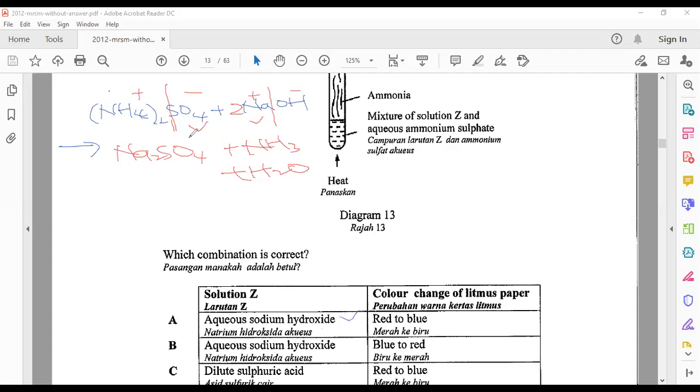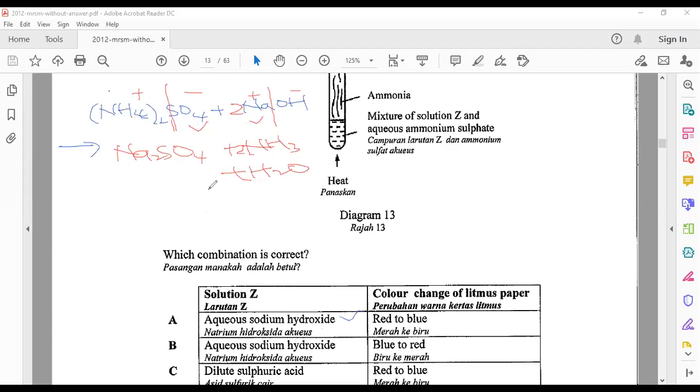Alkali reacts with any ammonium salt, and you will get ammonia gas, water, and also the salt solution. Can follow or not? I hope you can. Now you put a 2 to balance the equation. I think the equation is balanced. So your answer is A.